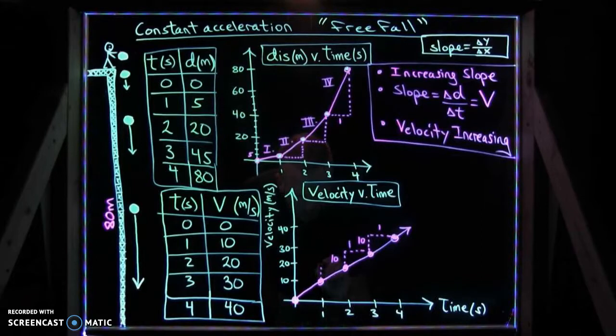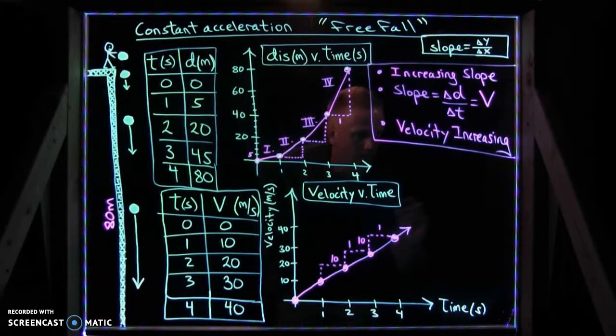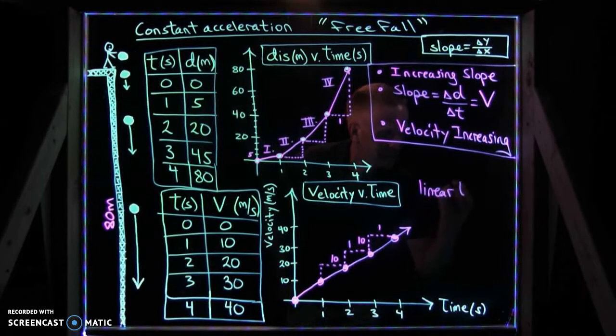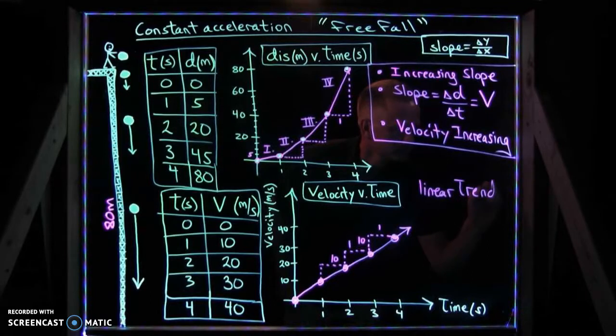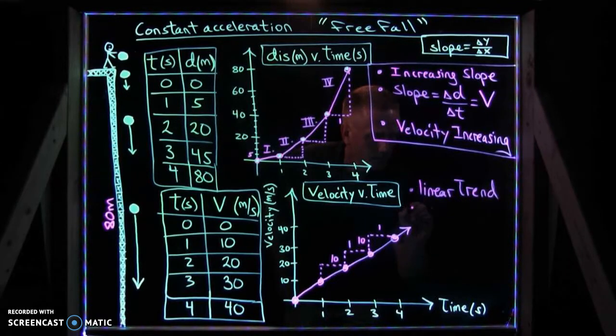And that's true for all points on this line. So you have what we call a linear trend with a constant slope.